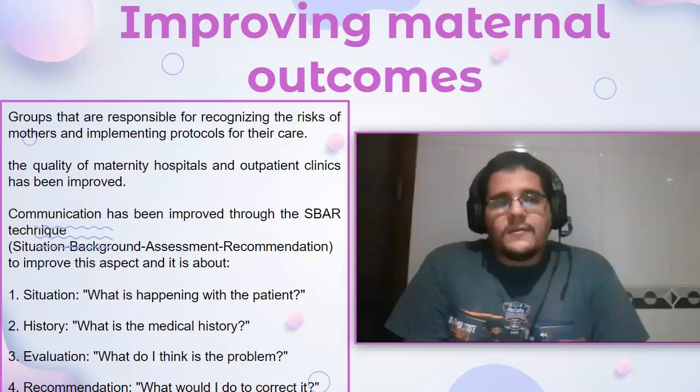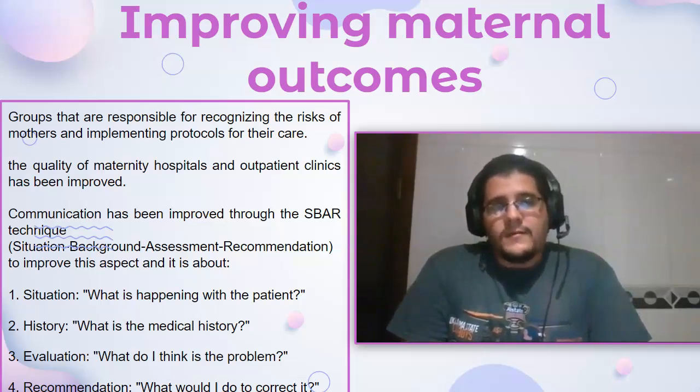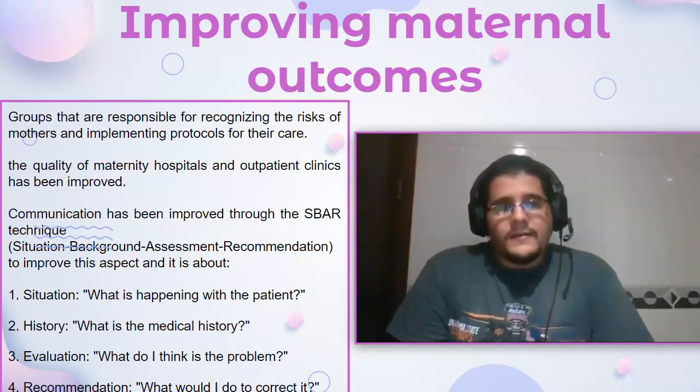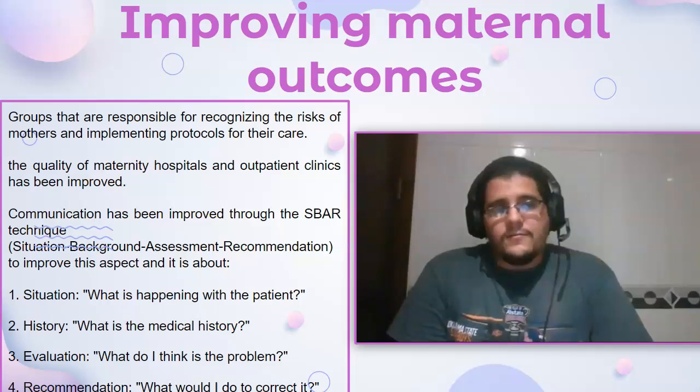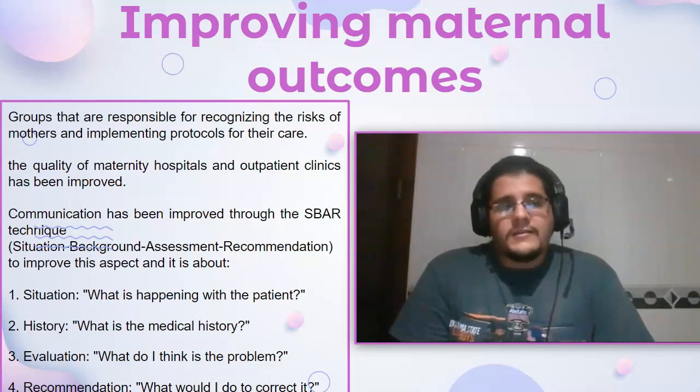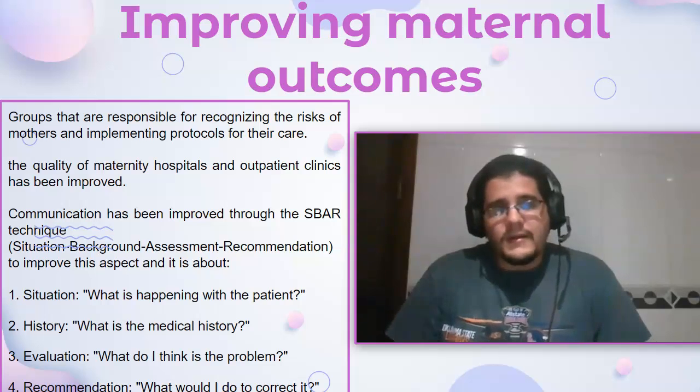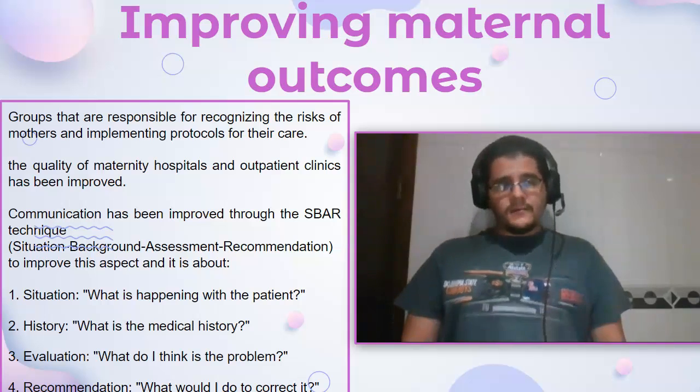Protocols have been implemented for the care of high-risk maternal complications, improving patients' safety. The quality of maternity hospitals and outpatient clinics has also been improved to reduce morbidity and mortality in healthcare.